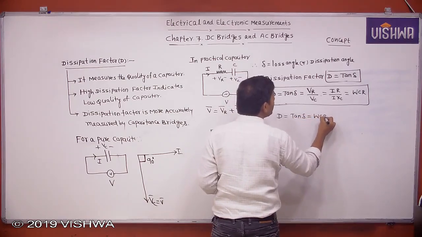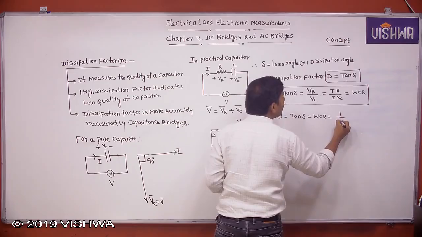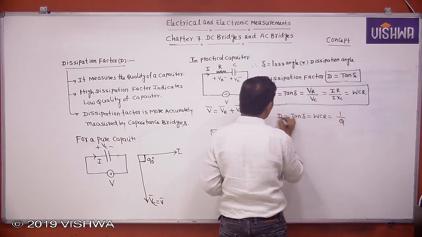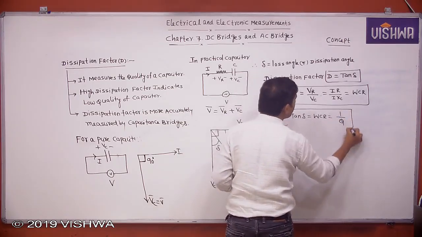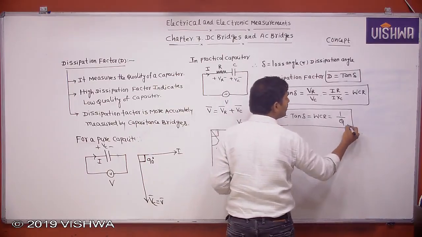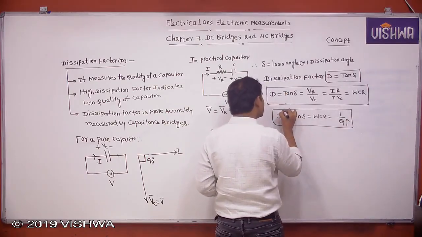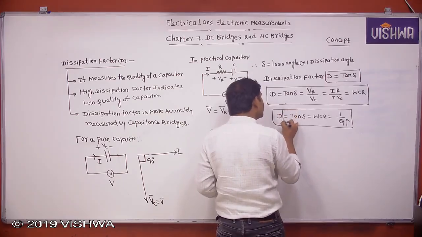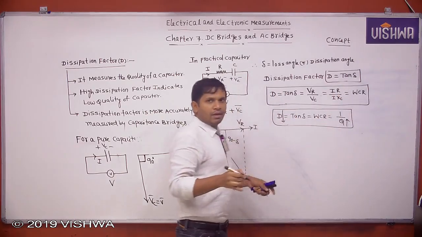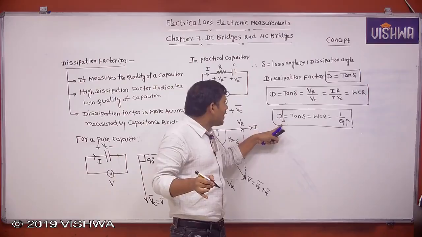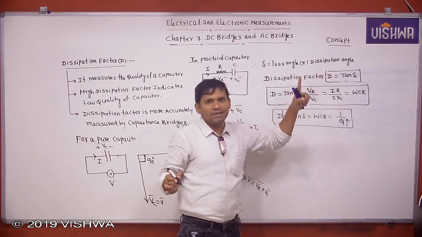We know that in a series combination, quality factor equals 1 by omega CR. That's why D equals 1 by Q. If the quality factor increases, the dissipation factor reduces. That's why if the dissipation factor is less, the quality of the capacitor is more.